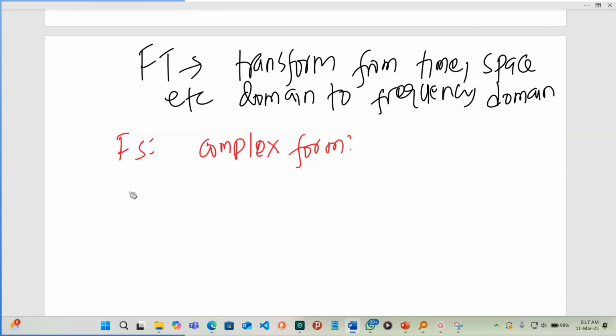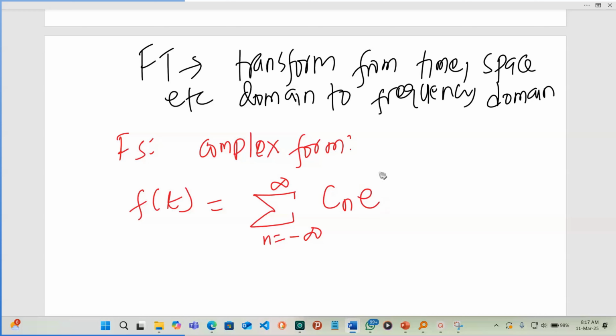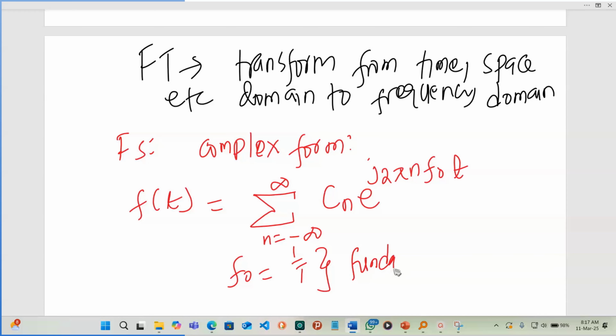So if you have a function f of t, this can be represented as the sum from n equals negative infinity to infinity of Cn times exponential of j2 pi n f naught, whereby f naught is 1 over T, and this is called the fundamental frequency.